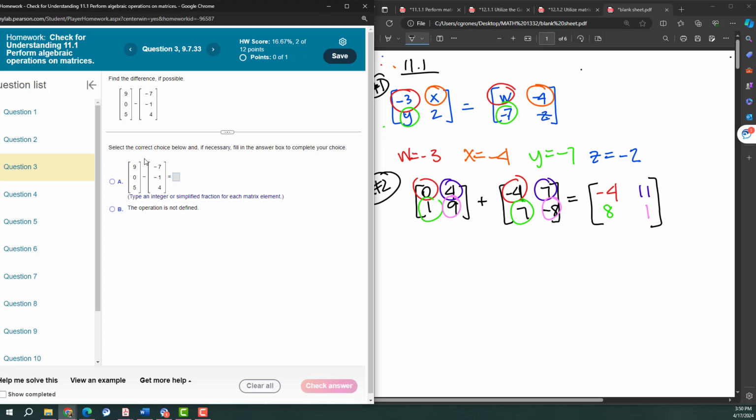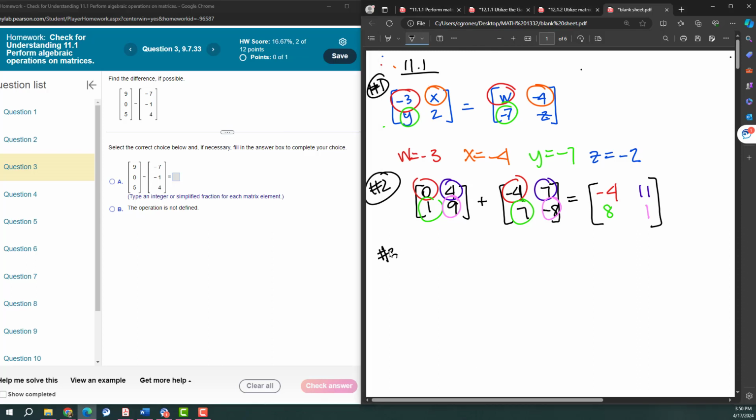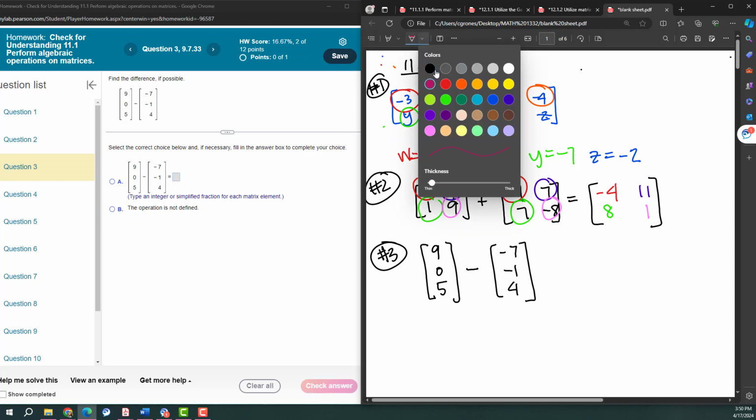I am also going to do number 3. So we've got 9, 0, 5, and we are subtracting -7, -1, 4. The same principle is going to apply to this.